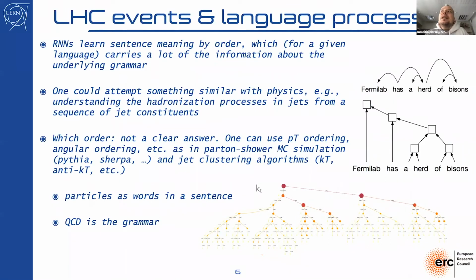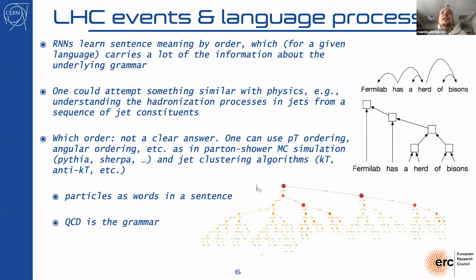The main idea behind this is that when you're given a time series or a sequence of words, the order is somehow encoding what's going on. And the ordering has a lot of information in terms of the context, the meaning of a given sentence.